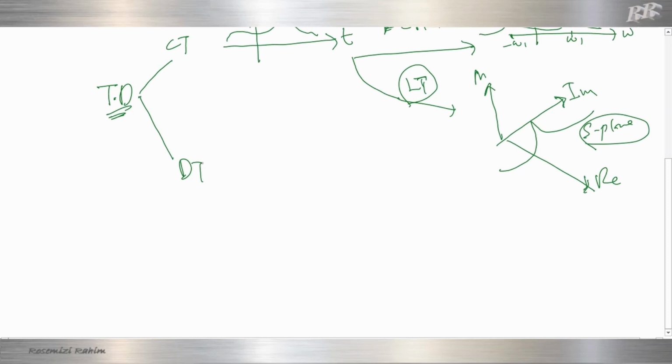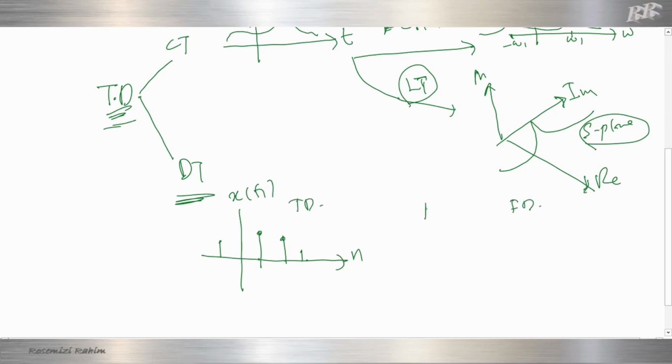Next, the second type of time domain signal is discrete time. Let's say this is our discrete time, x[n], where n is an integer. For example, this is discrete time. If we want to convert from time domain to frequency domain, we can use the discrete time Fourier transform.